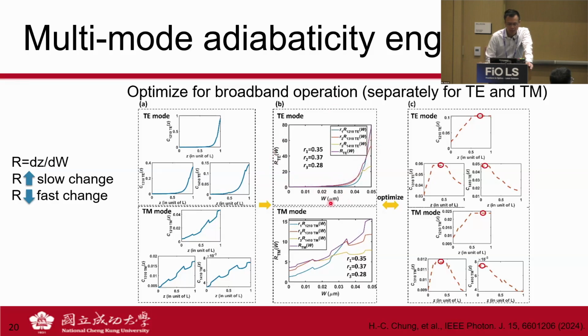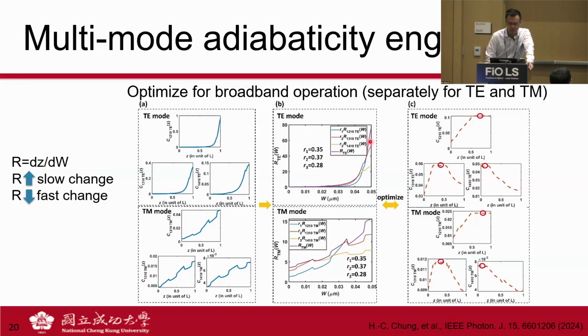But what this graph tells us is that for each wavelength, there is an optimum rate of change for a device parameter. Here, when this value is large, because if you look at R, it's dz over dw, that means we should slow down the device parameter change. And if the value is small, then we should increase the rate of change.